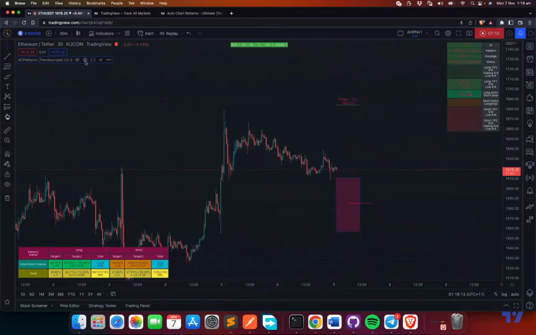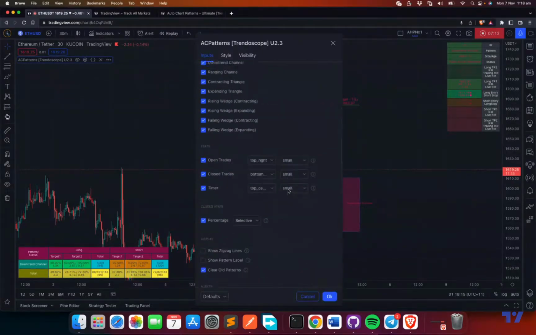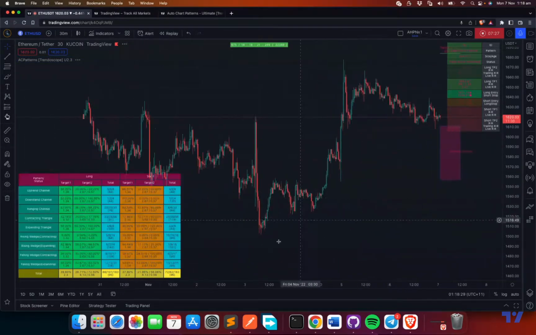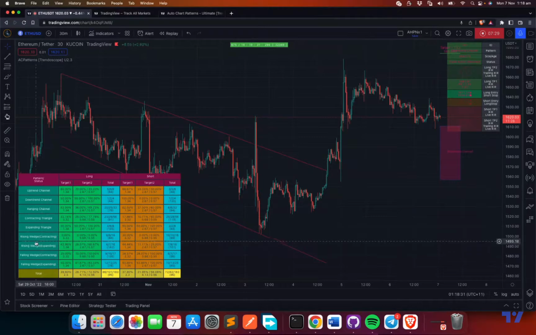So if you open the detailed mode here, right now it's in selective mode, meaning only the patterns which are in trade are shown. It's only the downtrend channel which is present here. But if you select detailed, it will show all the patterns and all the stats. You can see how it has impacted the contracting triangle. If you look at the contracting triangle here, the risk reward for target one has increased, right?